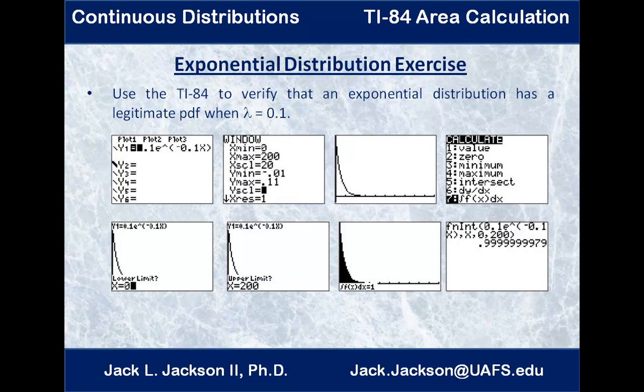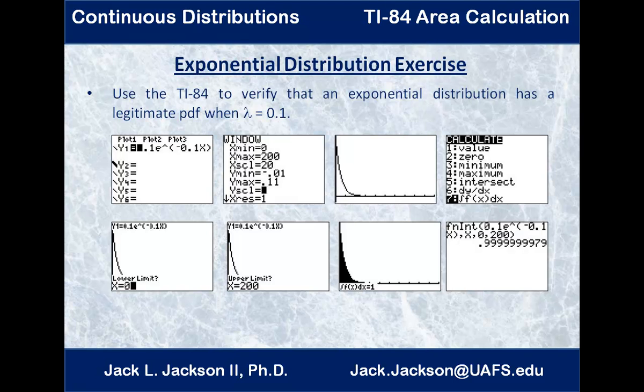And we'll go up to 0.11 for y max and negative 0.01 for y min, and graph that, and that looks like a reasonable graph. And we want to calculate the integral, or the area. That's calculate, second trace, 7. Lower limit 0, upper limit 200, and it comes out to be 1 there.